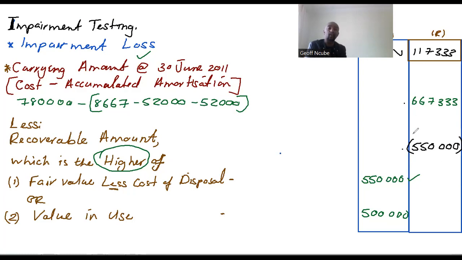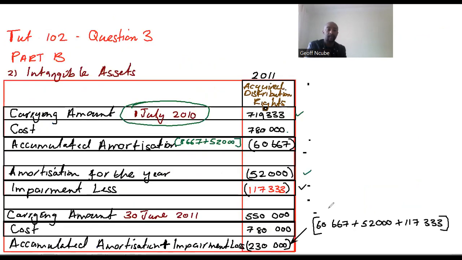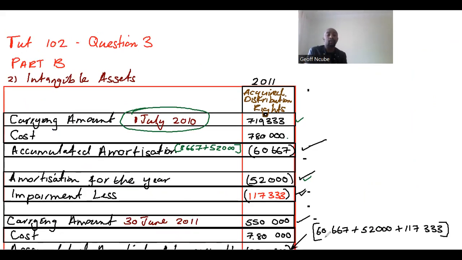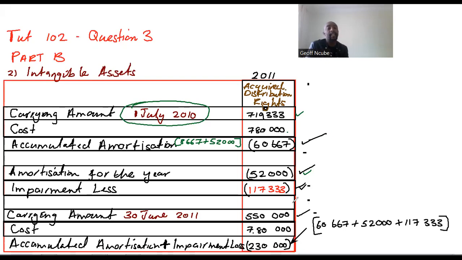So take it down, and this becomes the new carrying amount. And then shortcut, you can say 550 minus the costs, you get that. But for explanation purposes, it's simple. The depreciation accumulated at the beginning, accumulated during the year, and the impairment loss will give you the amount here.